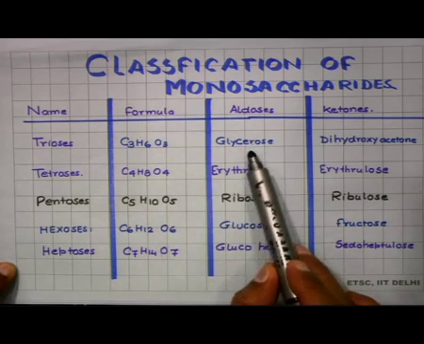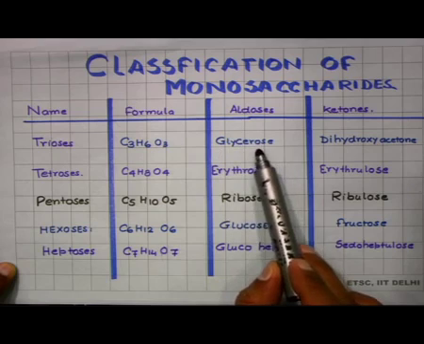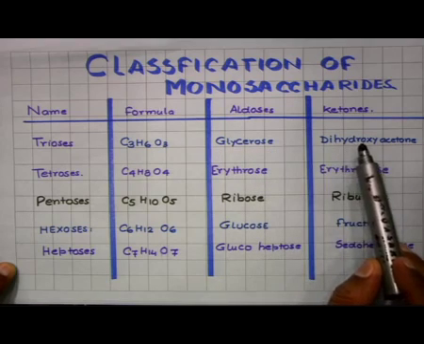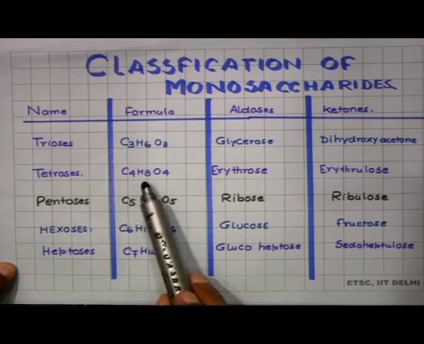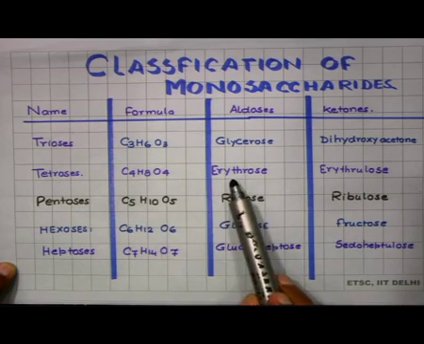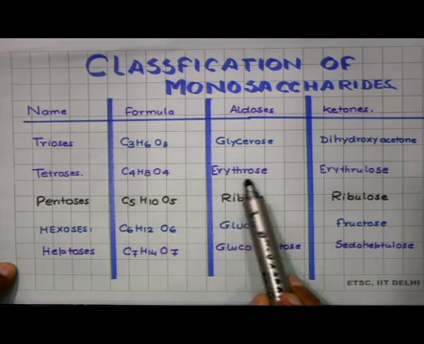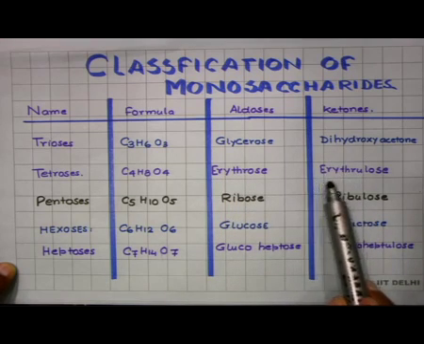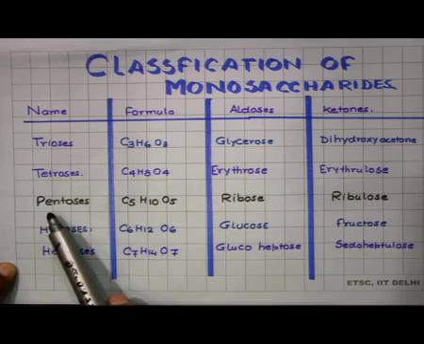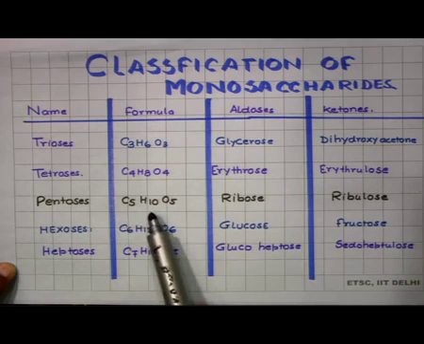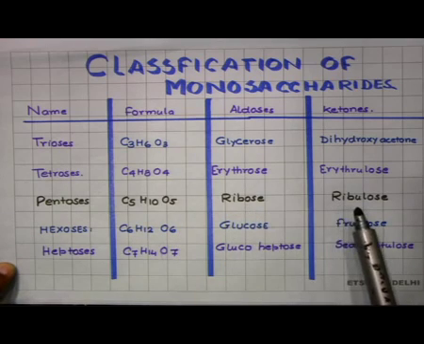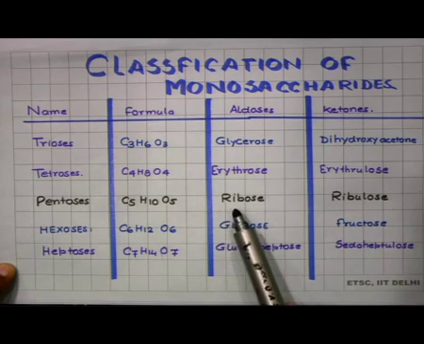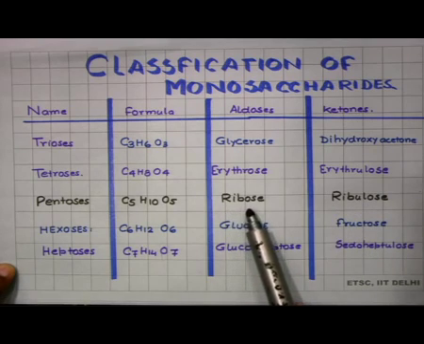The aldose form example is glycerose and the ketone form is dihydroxyacetone. Tetroses, C4H8O4, the aldose form is erythrose, the ketone form is erythrulose. Pentoses, the formula is C5H10O5, the examples are ribose and ribulose. The ketonic form is called ribulose and the aldose form is called ribose.